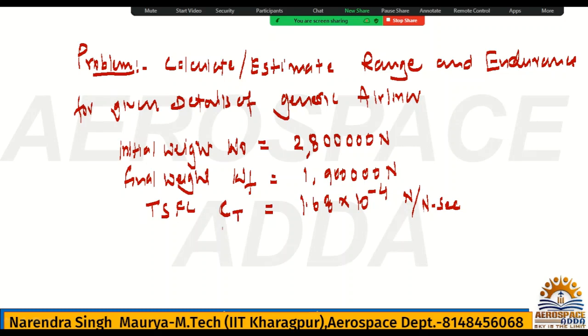So don't do that. Thrust specific fuel consumption, initial weight, final weight are given. Now we'll see the other data required.